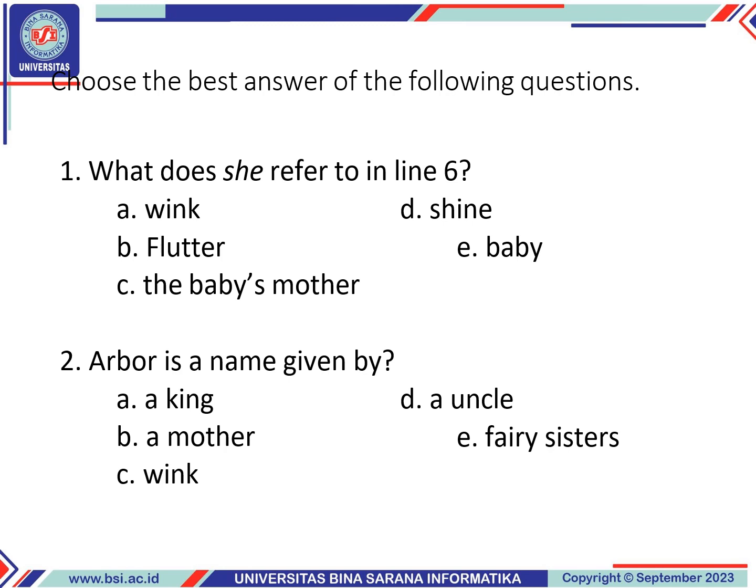Okay, the answer is B, Flutter. And number 2. Arbor is a name given by A. a king, B. a mother, C. Wink, D. uncle, or E. fairy sisters. Yes, the answer is E, fairy sisters.